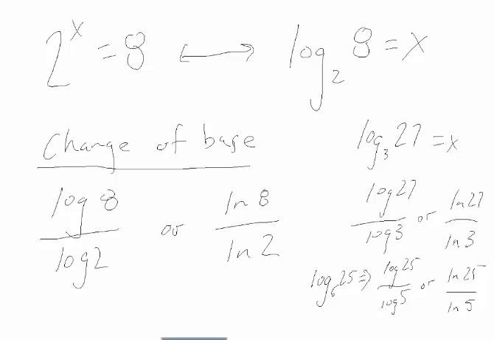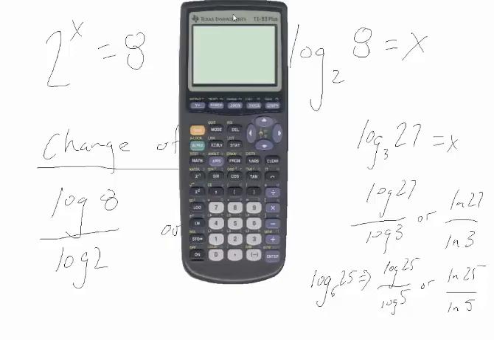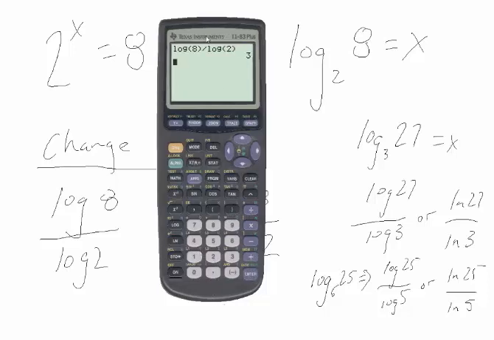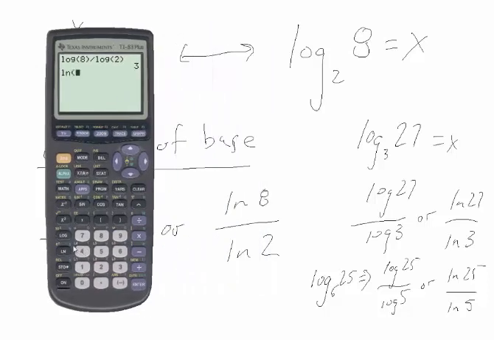So what happens when we do these problems on our calculator? So we've got log 8 divided by log 2 equals 3. Perfect. So you're telling me it doesn't matter whether I use log or ln? Nope, apparently not. Let's go over here.